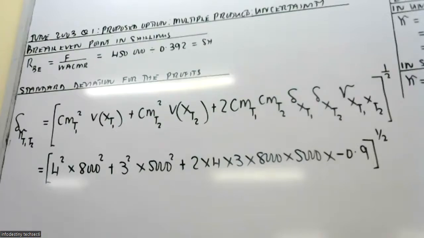What is the answer? Yes, you can round up or you can round off. 47,000 after the square root. Okay. I don't know, I was expecting something to do with 40.